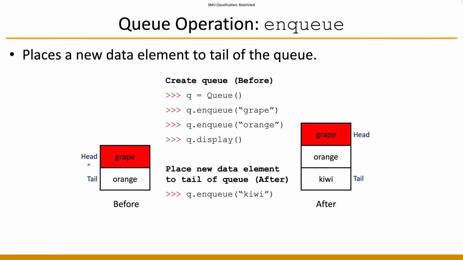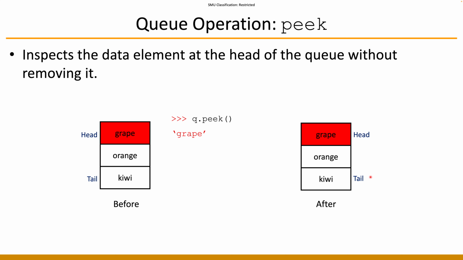Again, we present this vertically, but we have both the head and tail, and new data will appear at the tail, not at the top anymore, right? So we have head and tail. Then when we peek at the head element, the element that's about to be dequeued next, you see that the head element will be grape, and it will be returned.